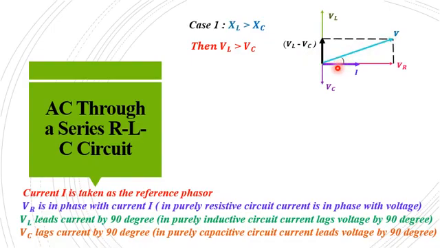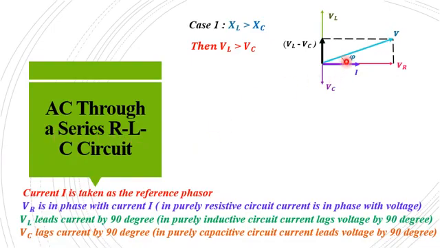And here we can see that the resultant current and resultant voltage make an angle phi, and the current is lagging the voltage by an angle phi. This is similar to an inductive circuit, right? So when XL is greater than XC, a series RLC circuit is inductive in nature.